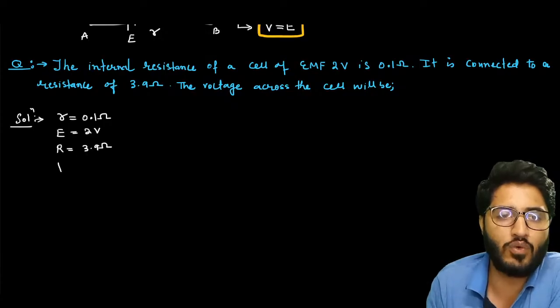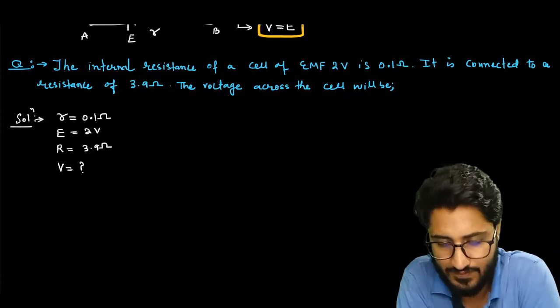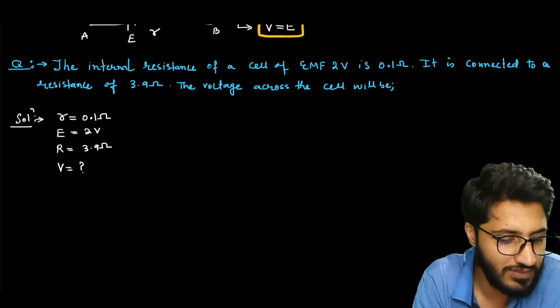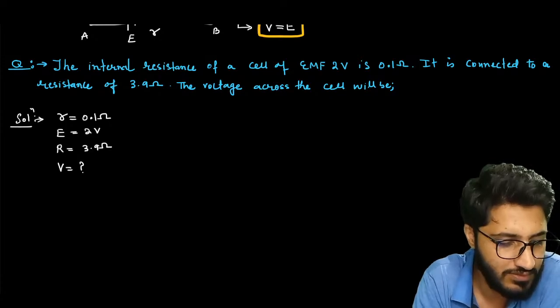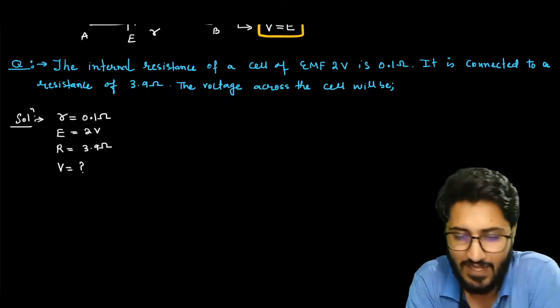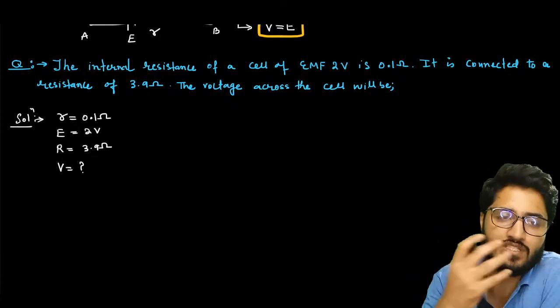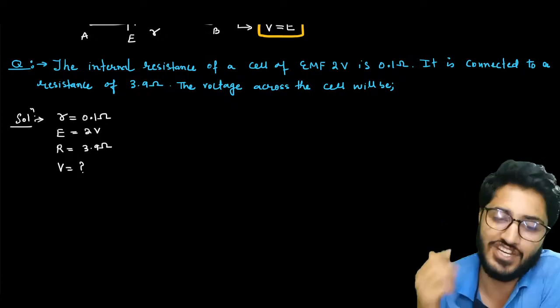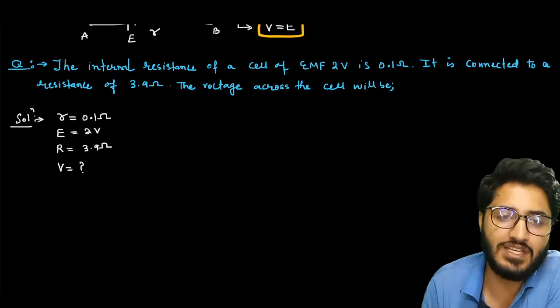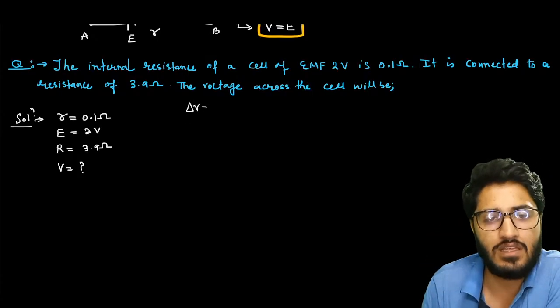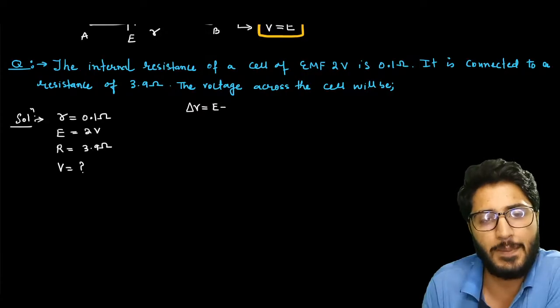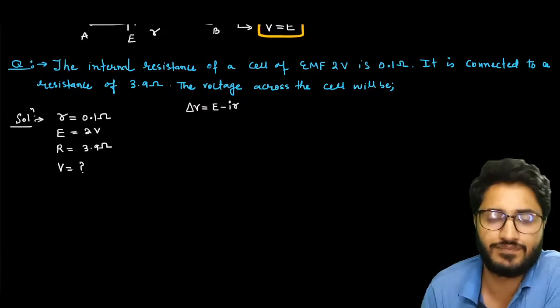I need to find out V. If nothing is given, we need to just take it as a discharging case. So what is the discharging case? Delta V equals E minus IR.